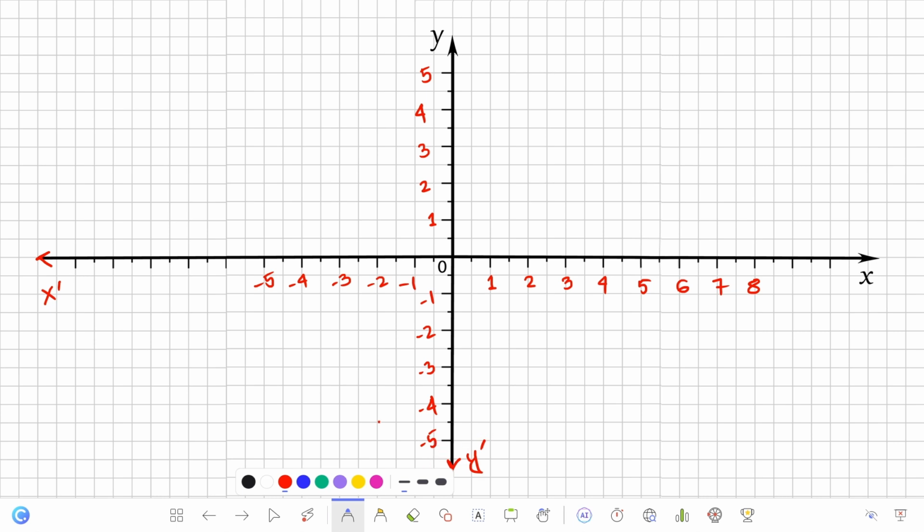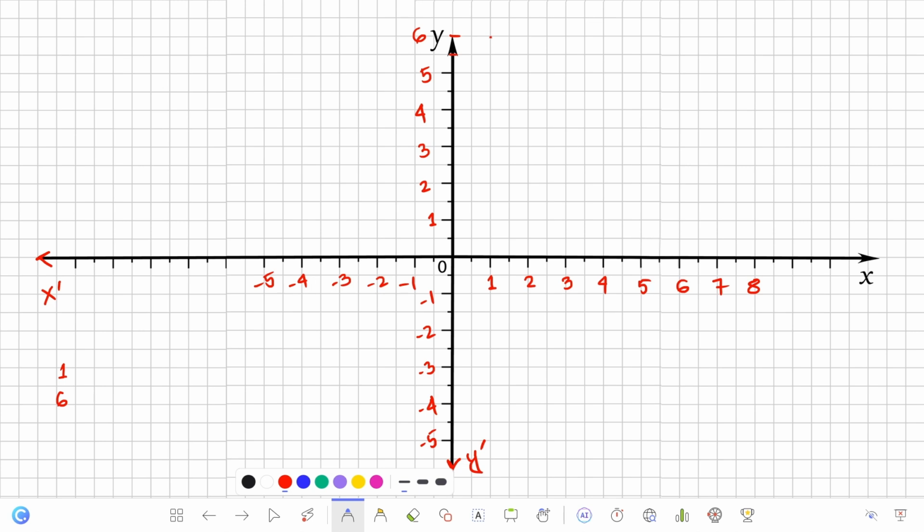If you remember the points that we had in the first table, that is 1, 6, right? The value of x is 1 and the value of y is 6. So for 1, along the x-axis we will travel 1, and along the y-axis we will travel 6. So if this is 5, then after that here it will be 6, right?